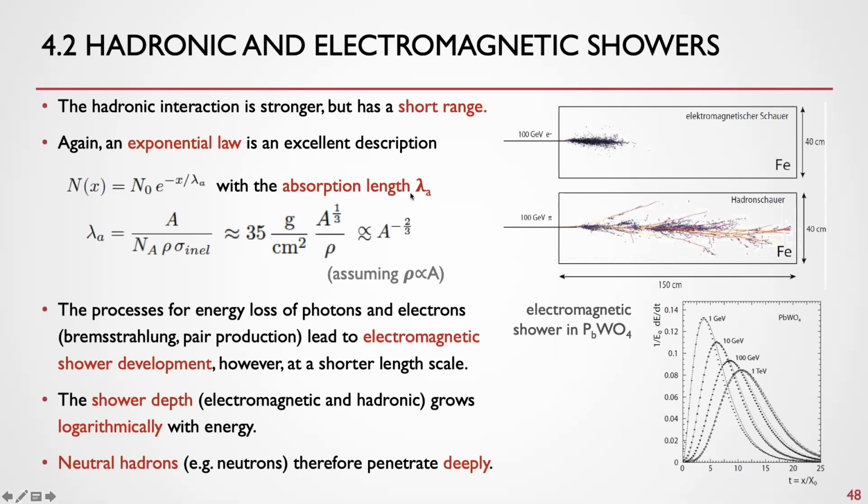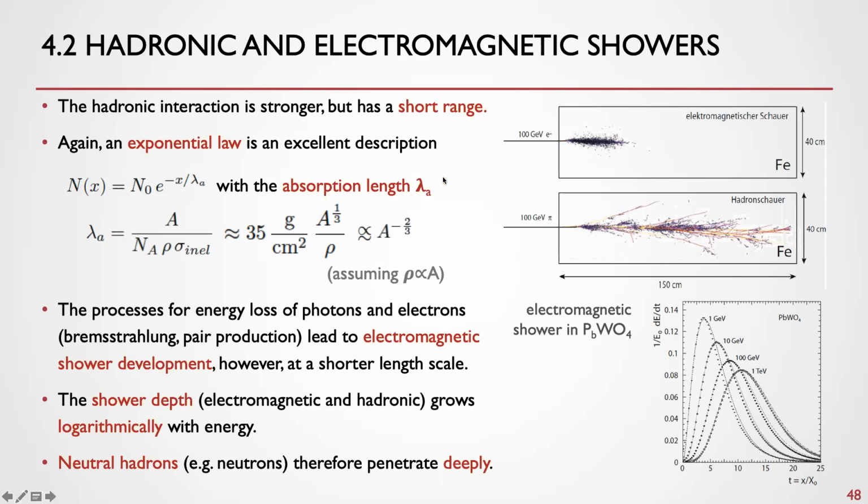Do not confuse it with the interaction length. The interaction length is the length at which a charged particle's energy or momentum drops to 1 over e, just from its electromagnetic interactions. The absorption length is the equivalent for the strong interaction. So these two terms should not be confused.